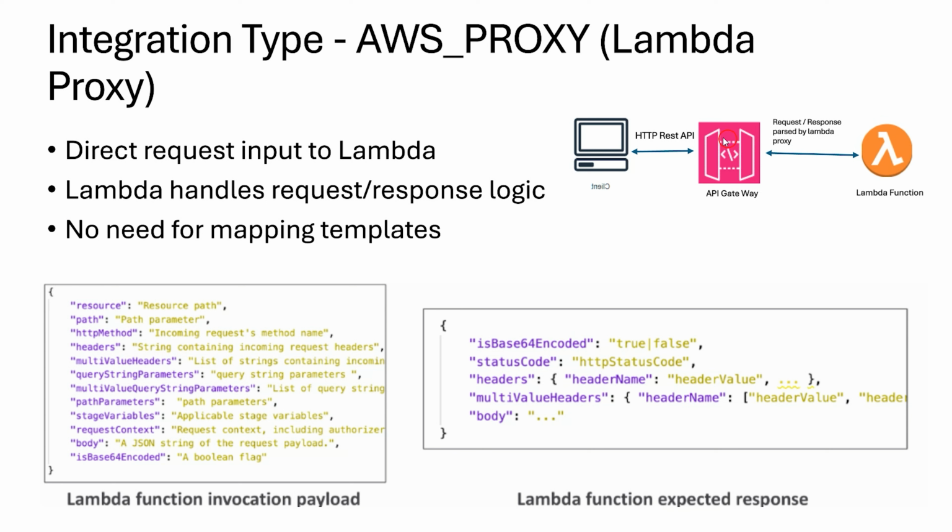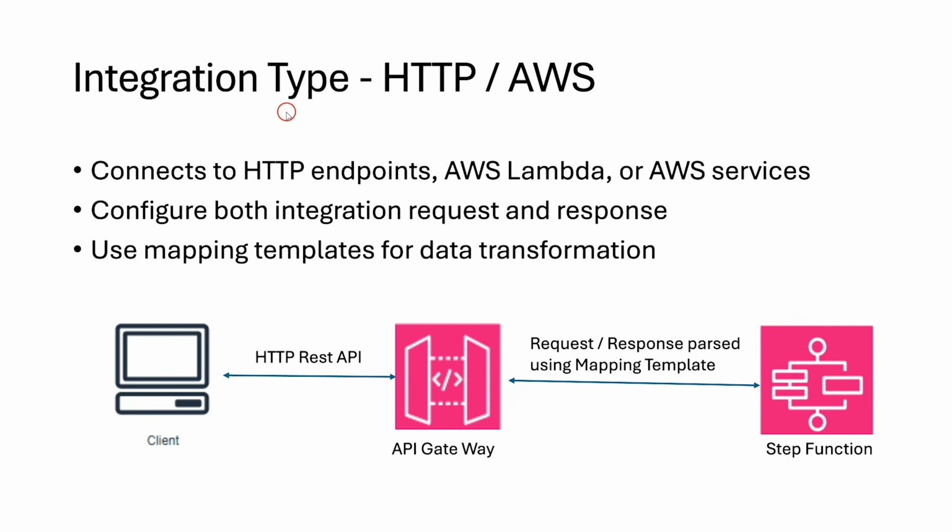This information can't be passed in the API Gateway, and it acts as a middleman and pushes the response to the client and pushes the request to the Lambda, right? But it won't do any custom logic there. So that is the advantage of AWS proxy. But if you want to execute some custom logic in the API Gateway end itself before reaching the backend, in that case, this integration type, HTTP or AWS integration type, is ideal for you.